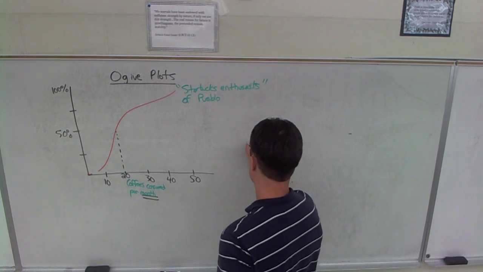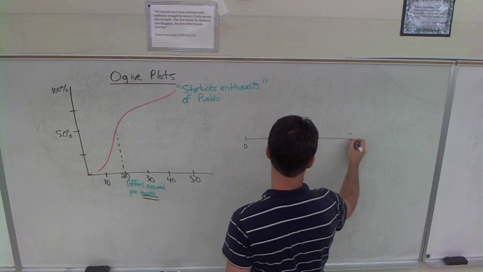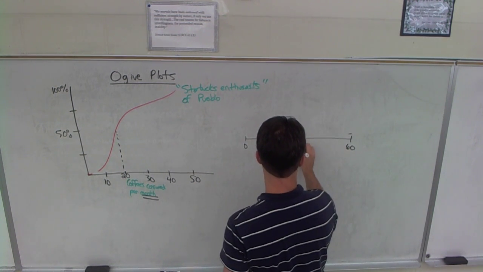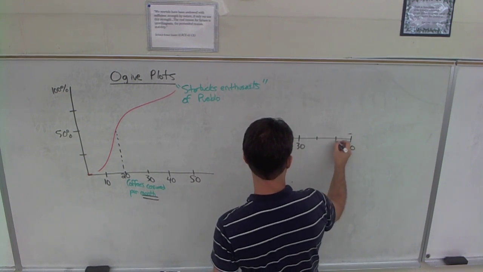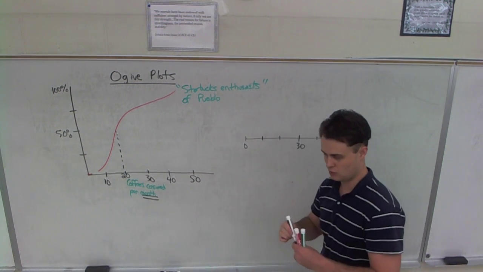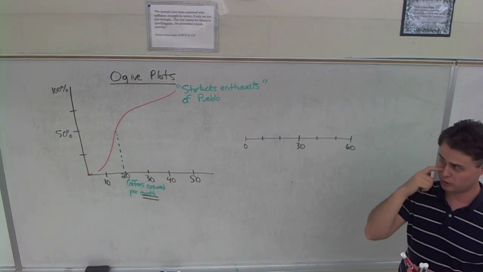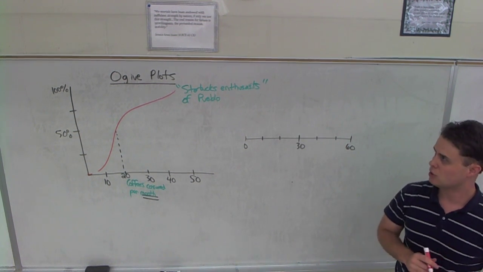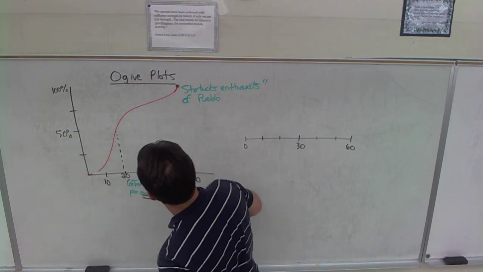So for a box plot, let's go from the same scale. 0 to, looks like I have about 60. There's 10, 20, 30, 40, 50. I know it's not a real nice picture I'm drawing here, but I think it'll get the point across. So we'll say that this is actually at 100% right there.